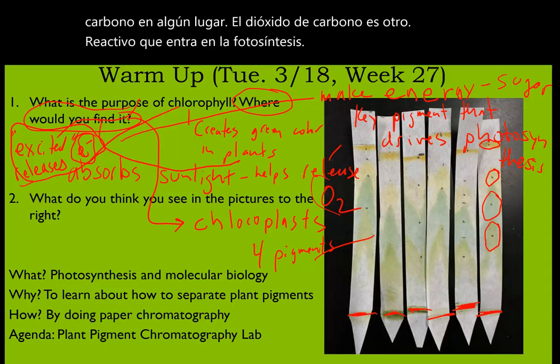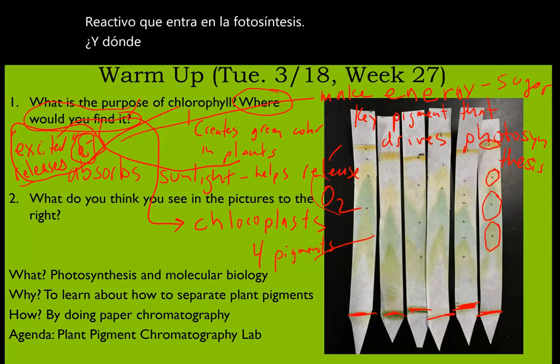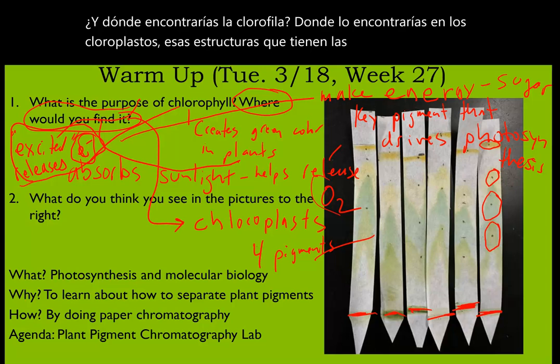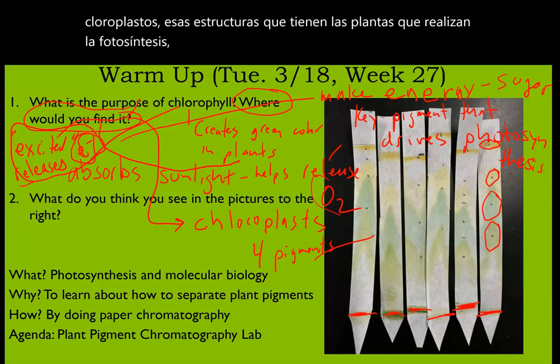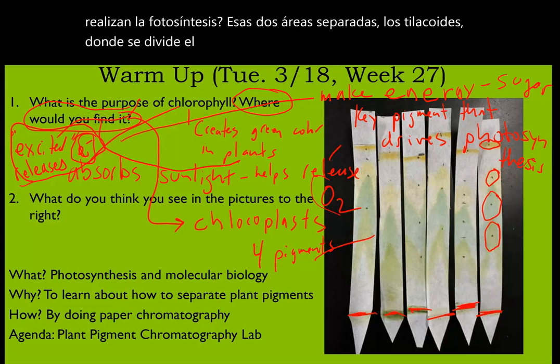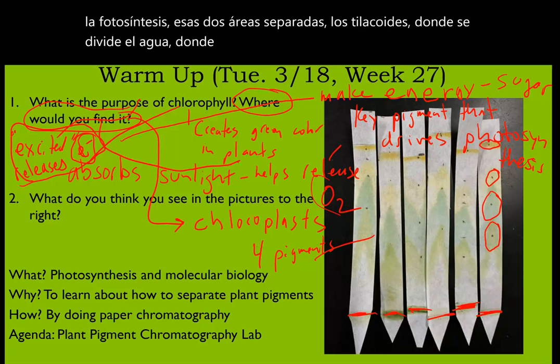And where would you find chlorophyll? Well, you would find it in the chloroplasts, those structures that plants have that conduct photosynthesis. You know, in those two separate areas, the thylakoids, where water is split, where the chlorophyll is at, and then in the stroma, that fluid surrounding the thylakoids.